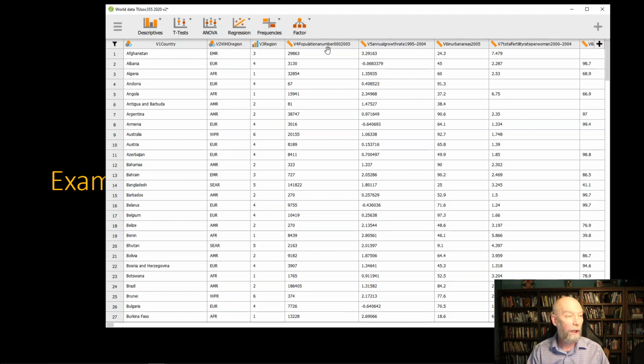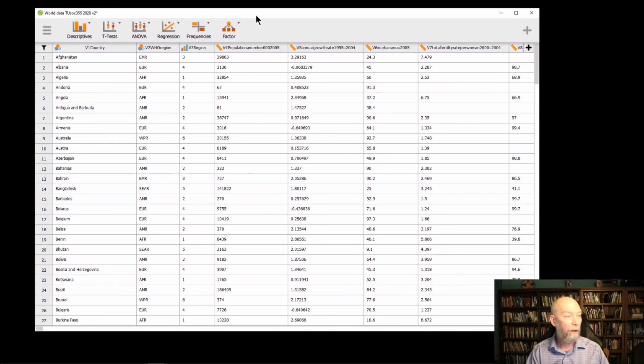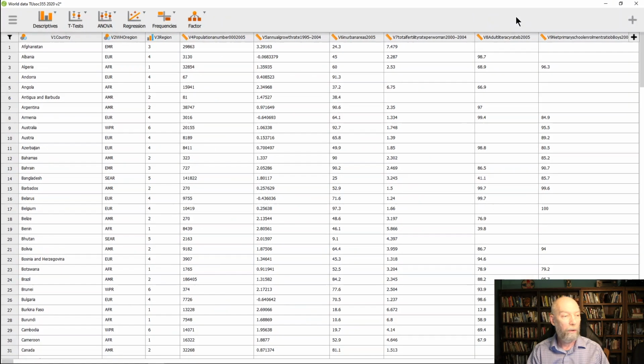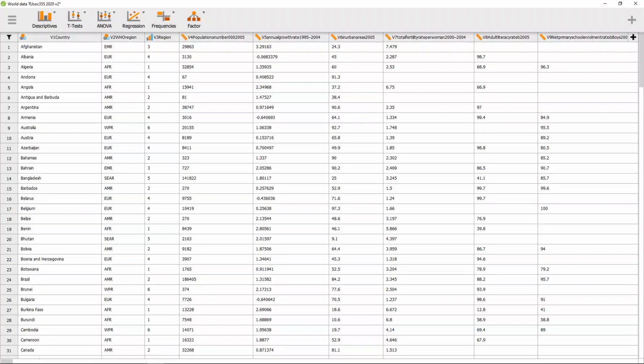So here's the world data set that we've been working with up to this point, and what we're going to want to do is work with correlation.